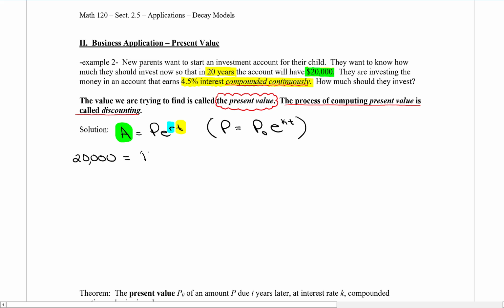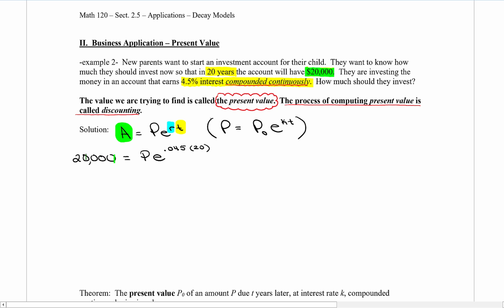So instead of A, I'm going to write 20,000, and we're going to have 20,000 equals P times e raised to the, instead of 4.5%, 0.045. We're going to convert the percent into a decimal. And instead of T, we're going to replace that with 20 for 20 years. So it'll be P times e raised to the 0.045 times 20 power on the right-hand side of this equation.